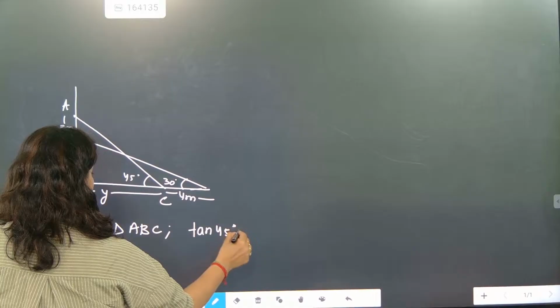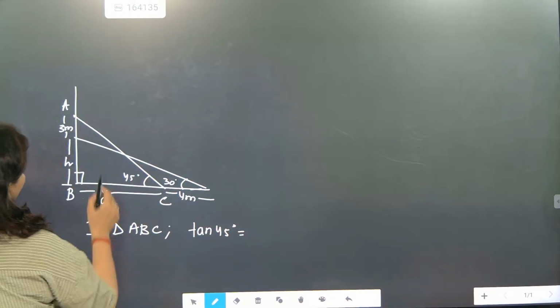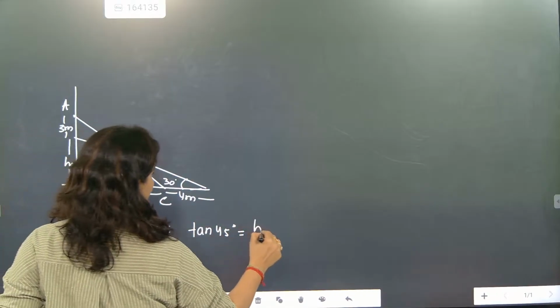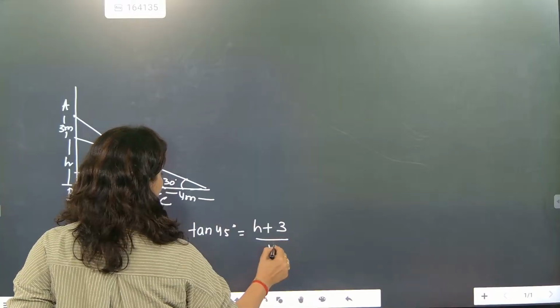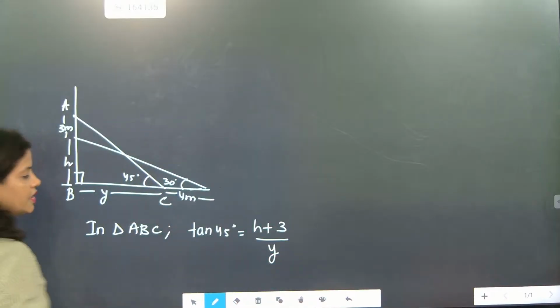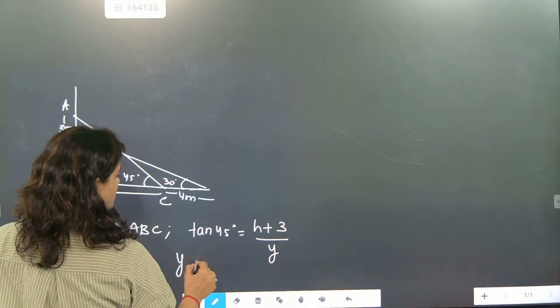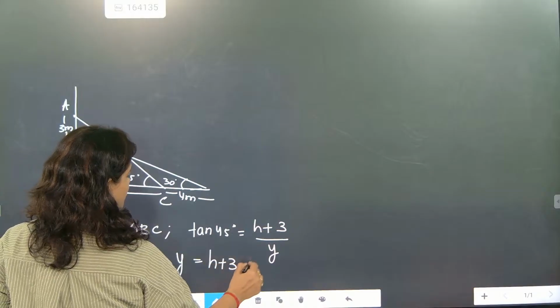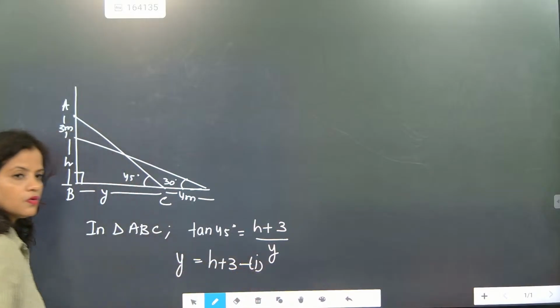So tan 45 degree is equal to h plus 3 by y. So here y is equal to h plus 3. This will become equation 1.